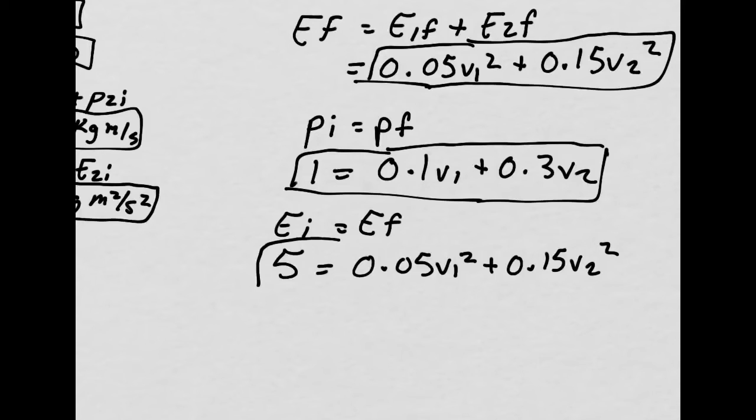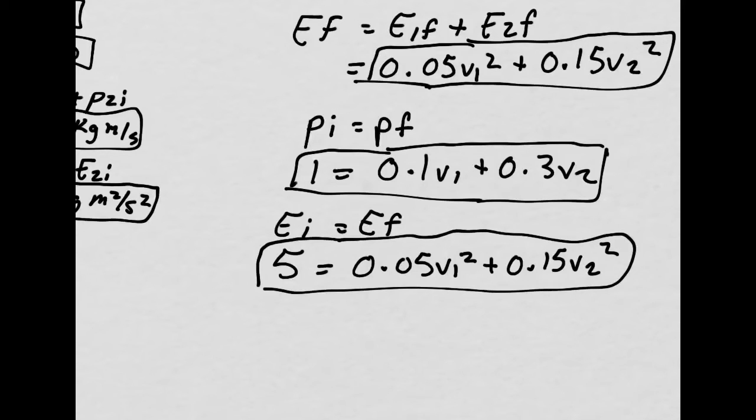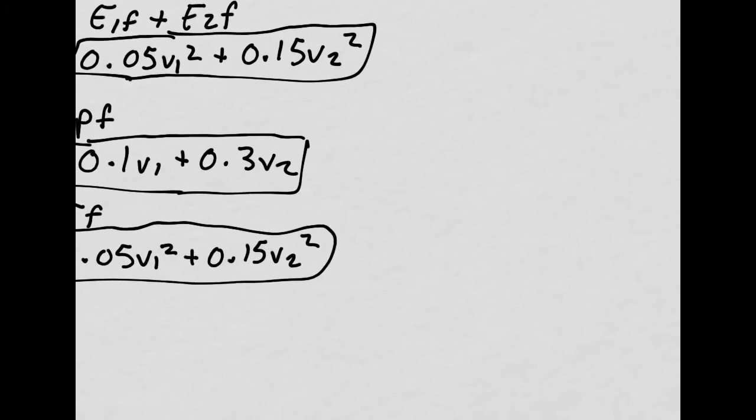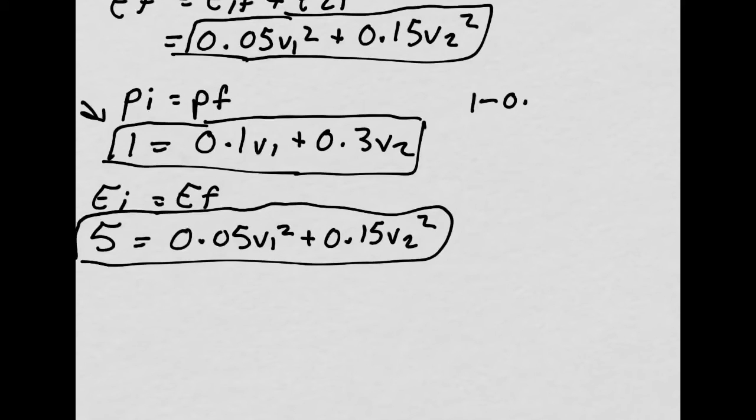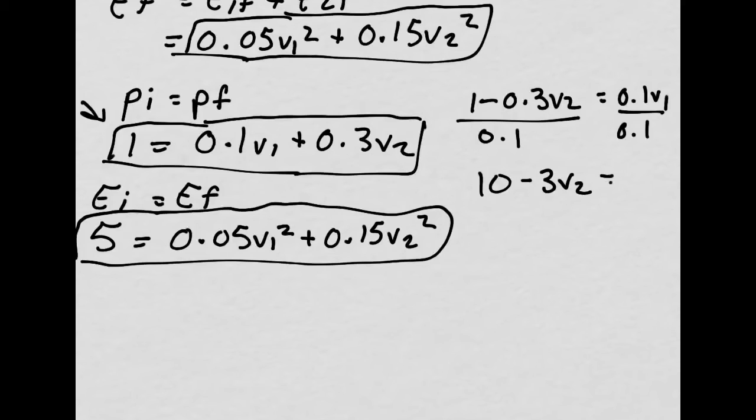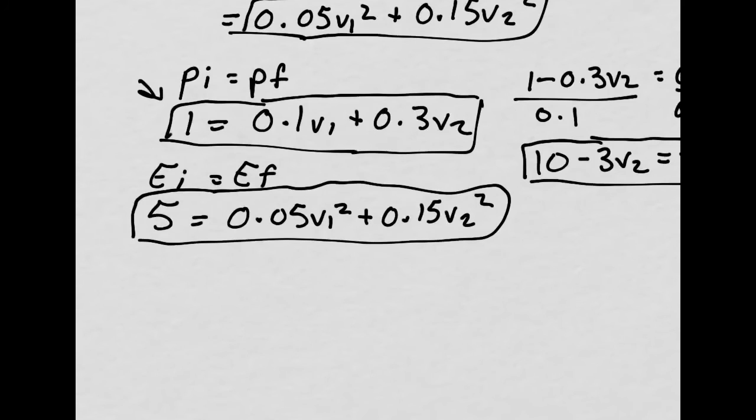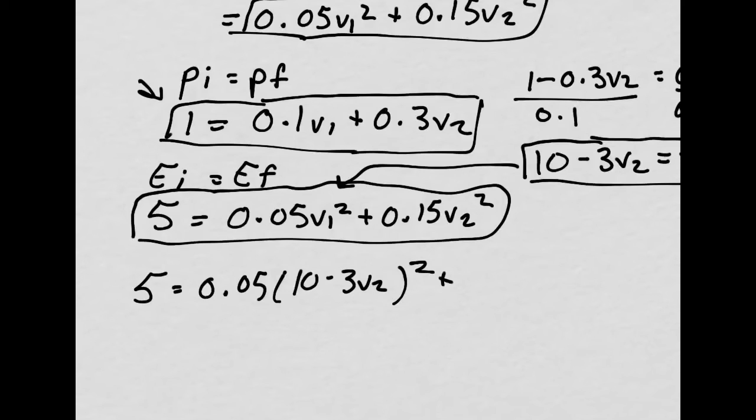So again, 2 equations and 2 unknowns. I'm going to solve this first one for V1. 1 minus 0.3 V2 equals 0.1 V1. So V1 is 10 minus 3 V2. So I'm going to take that and plug it in here. 5 is equal to 0.05 times (10 minus 3 V2) squared plus 0.15 V2 squared.